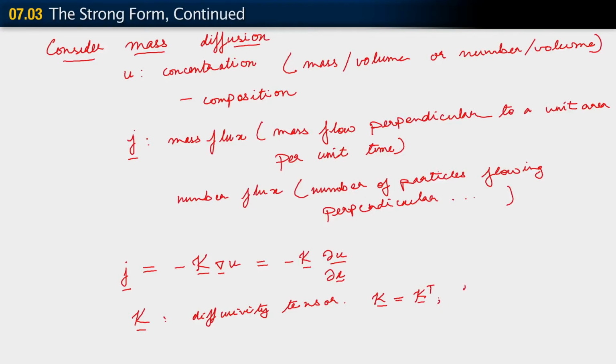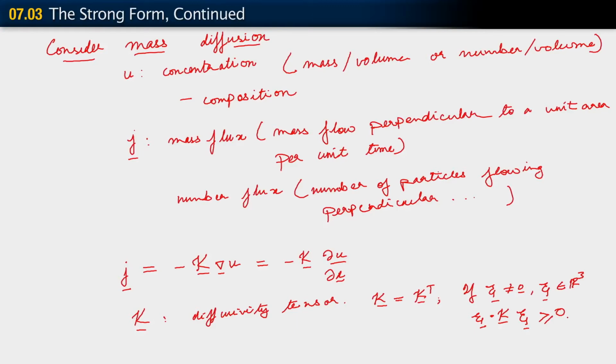So if C is a non-zero vector, then C dot kappa C is greater than or equal to 0. Okay, so the same mathematical properties as the heat conductivity tensor.